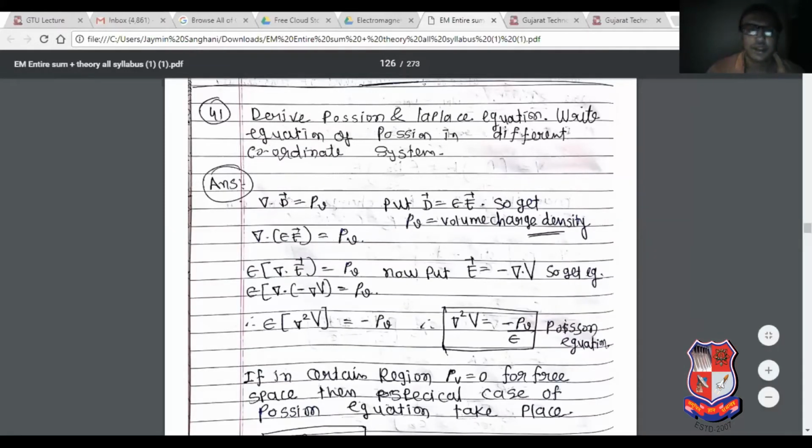I have shared the screen here. E equal to minus del V. I have written this equation here so you will be able to understand. D equal to epsilon E and E equal to minus del V, we can put this equation.